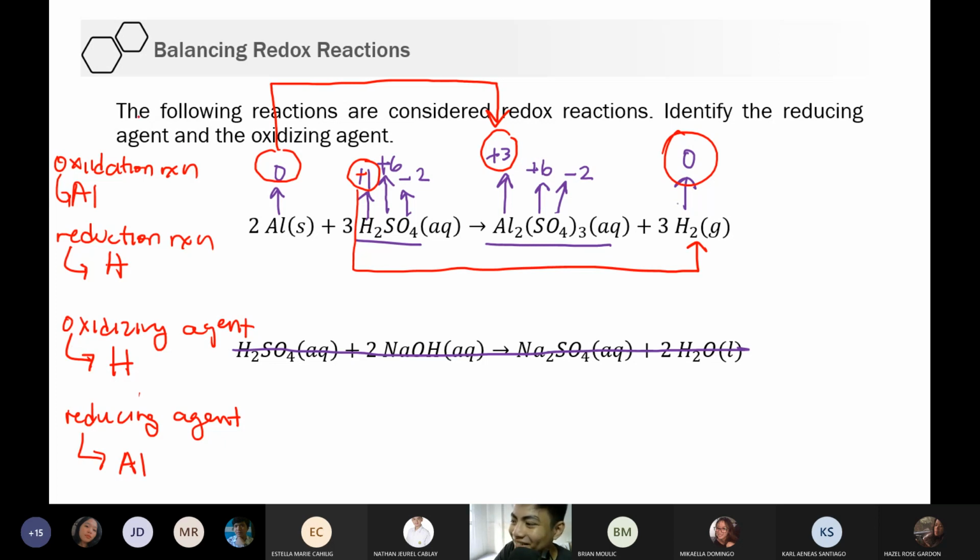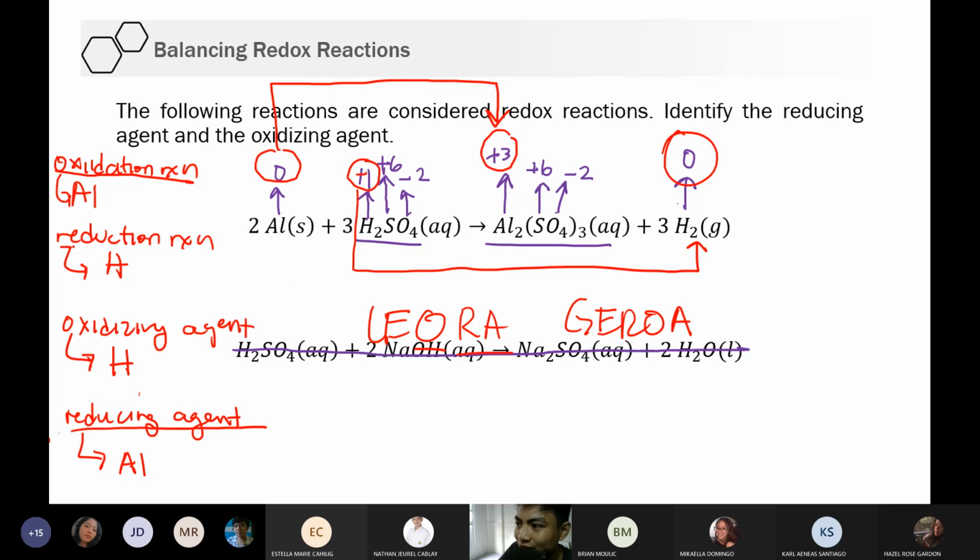Okay, so ganun lang. So, always keep in mind the concept of Leo says Ger. Kung sino yung nag-undergo ng oxidation, siya yung reducing.